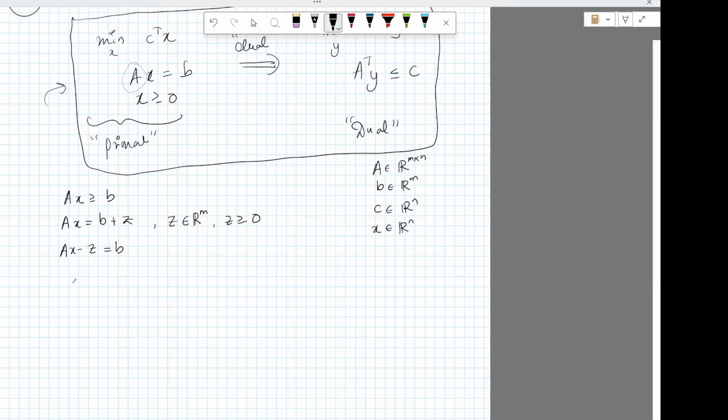Let's say ai is a row vector of A. So my A is basically like this: a1 vector, a2 vector, like that, I have m rows, up to am, and each ai is in Rn. That's how it is m cross n.